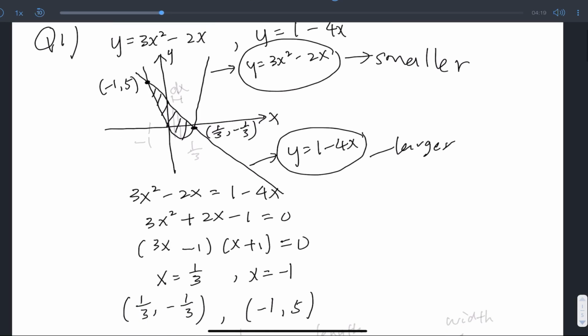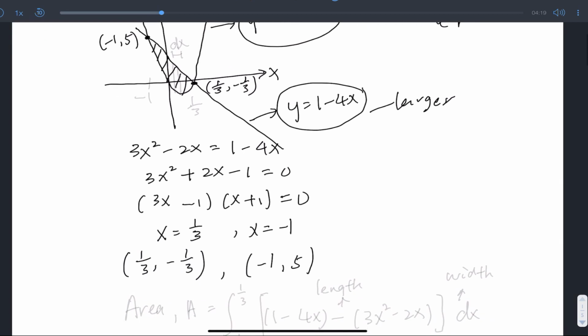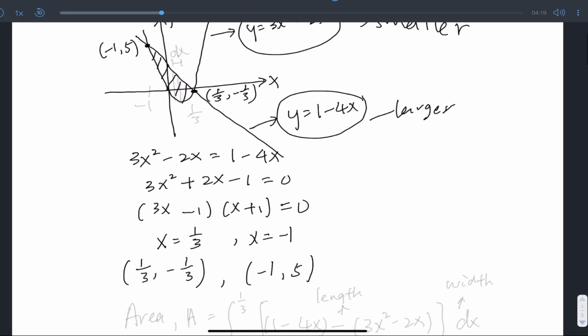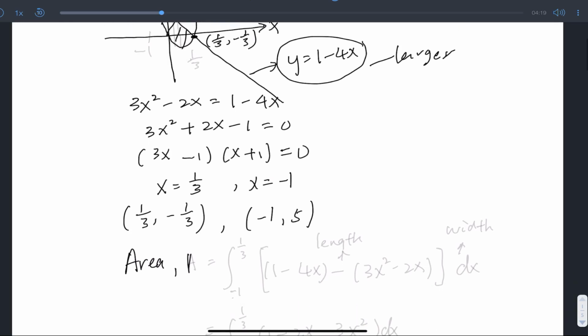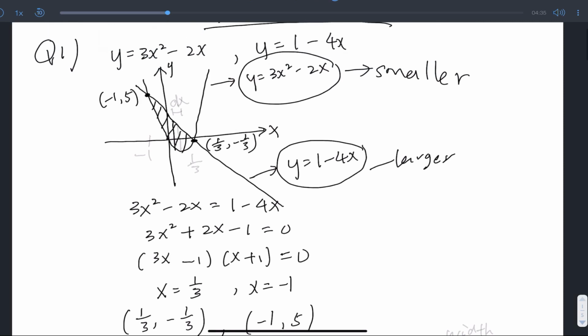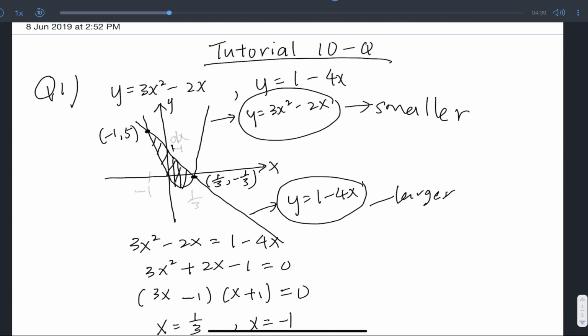So we continue to find the area. We form the integral. By referring to this, we can cut a small piece of dx, from negative 1 to 1 over 3.